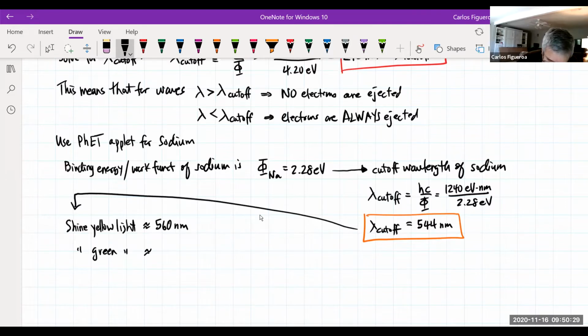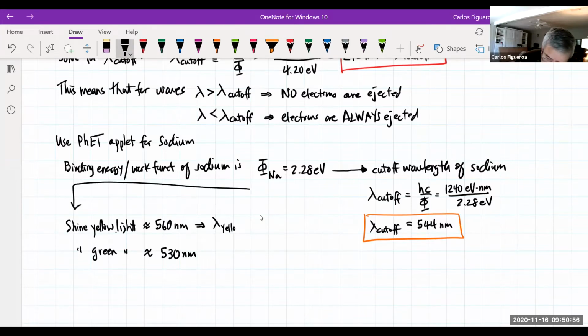Green light is about 530 nanometers. So if I shine yellow light, note that yellow light has a longer wavelength than the cutoff wavelength. So if I shine yellow light onto sodium, this implies that I'm going to get what?